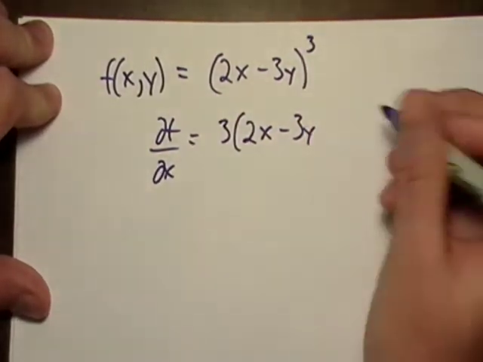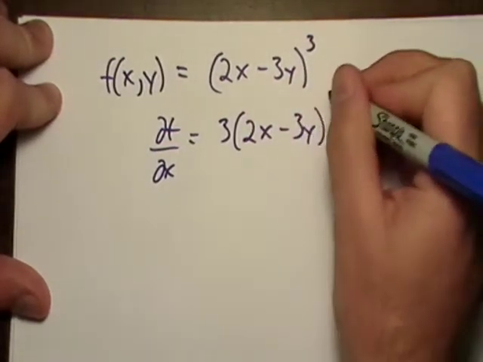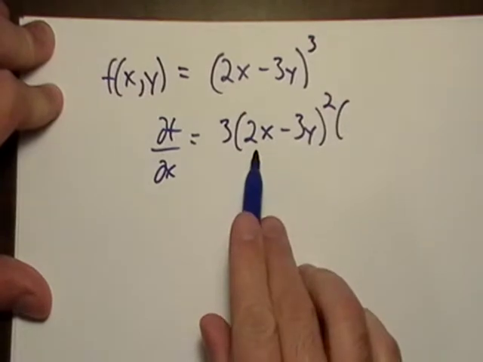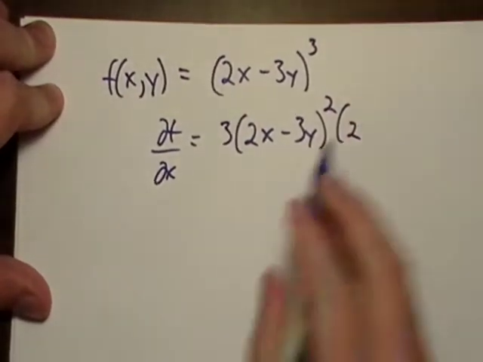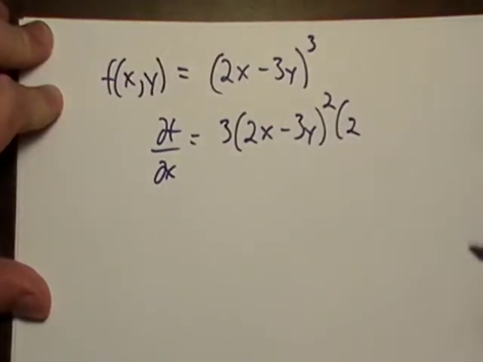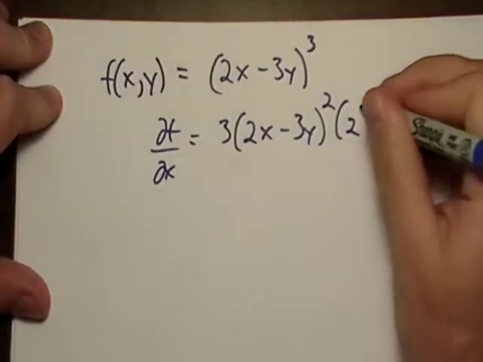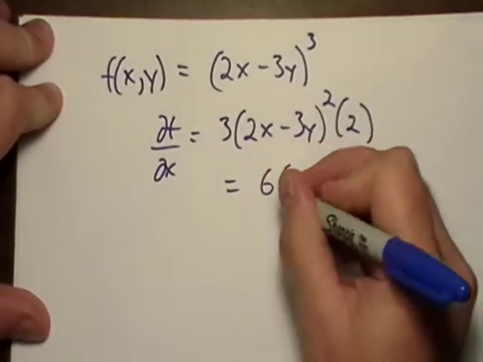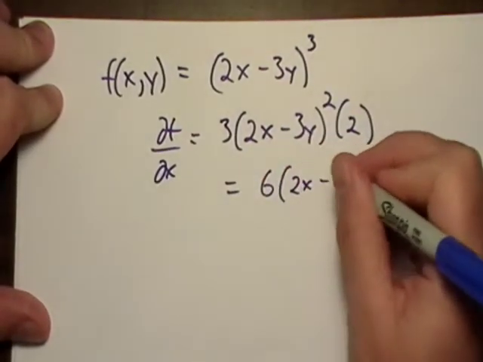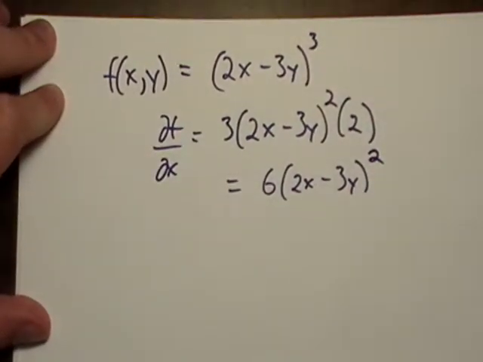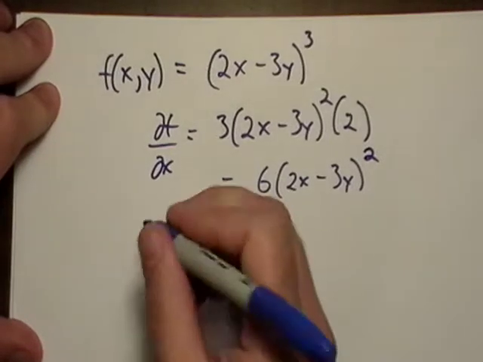Then we do the inside. The derivative with respect to x is just 2. And 3 times y is a constant, so 3y is also a constant, so we're left with nothing there. So that's your partial with respect to x.